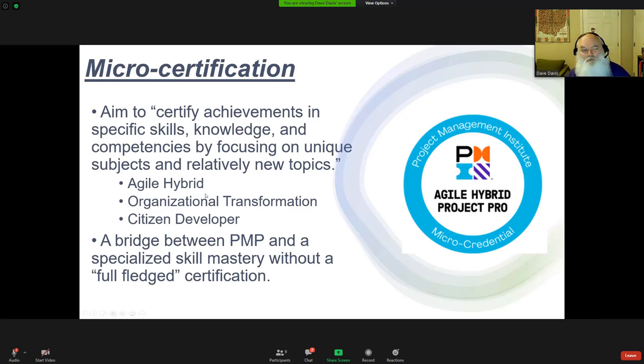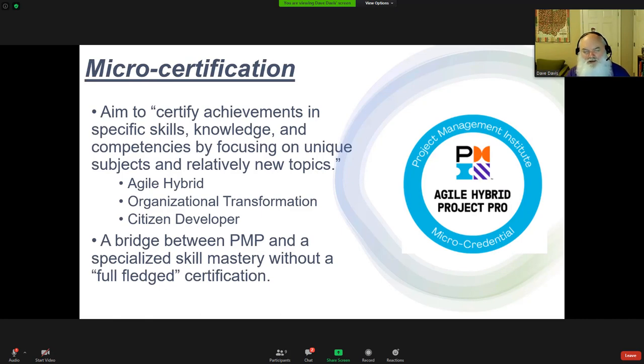And the three they have going right at the moment are Agile Hybrid, Organizational Transformation or Change Management, then something called Citizen Developer. I'm not even going to go into Citizen Developer, but that's really a new way of thinking. But it's a bridge between the PMP and a specialized skill without a full-fledged certification.